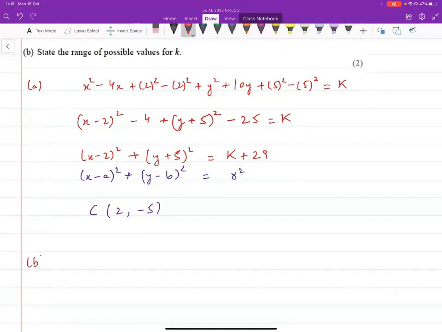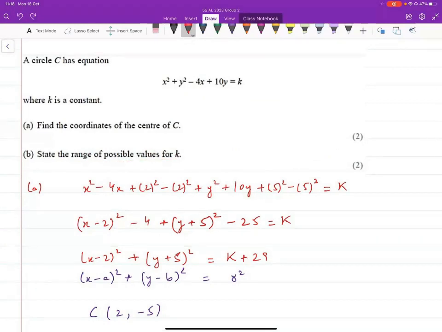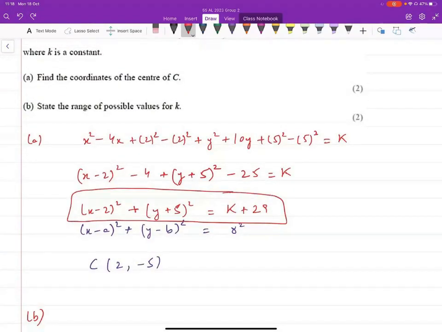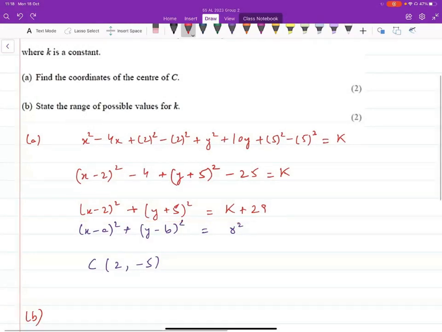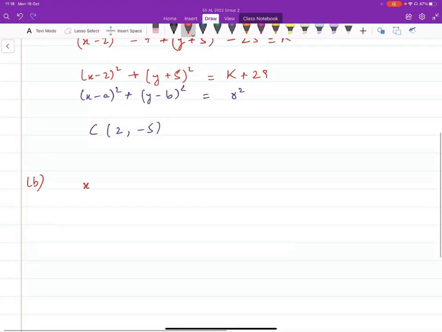Let's look at part B. Part B says state the range of possible values for k. So we have the equation of a circle. It looks like this, right? What is the range of possible values of k in this? Let me write down the equation here again. Do we have any restriction for k? Can't k just be anything? What do you think?